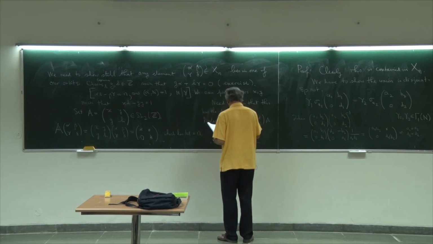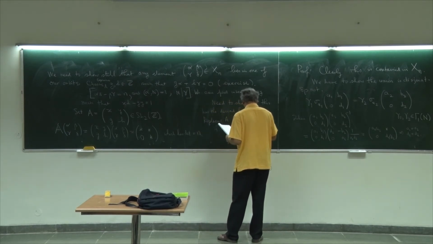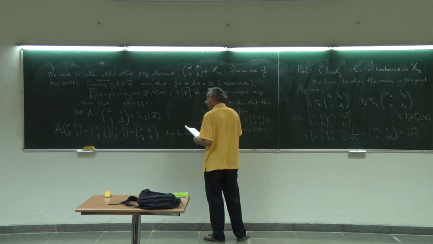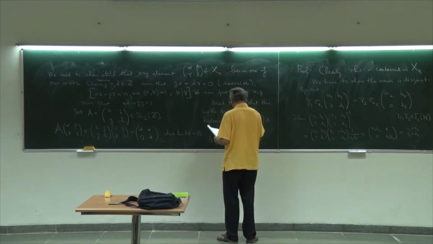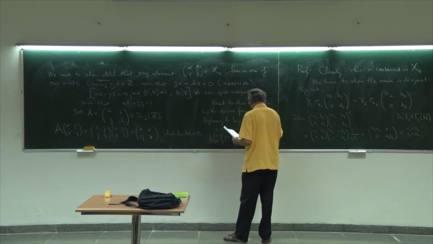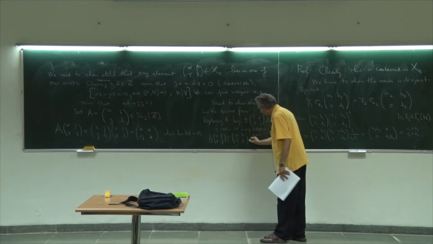We may suppose that our matrix now looks like A times alpha, beta, gamma, delta equals A B 0 D with A positive and B between 0 and D minus 1.